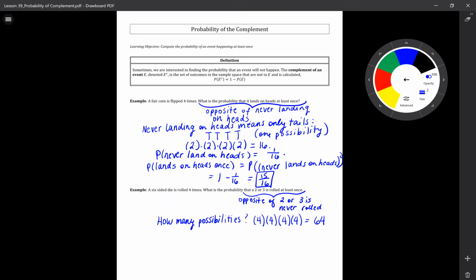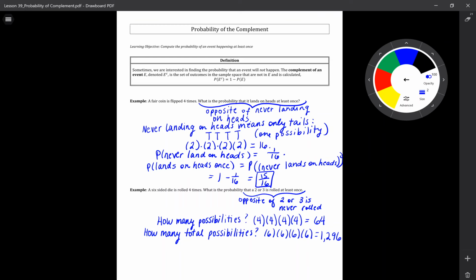How many possibilities do I have total? Well, I have 6 ways to roll the first one, 6 to roll the second one, 6 to roll the third one, and 6 to roll the fourth one. So this is 1,296.